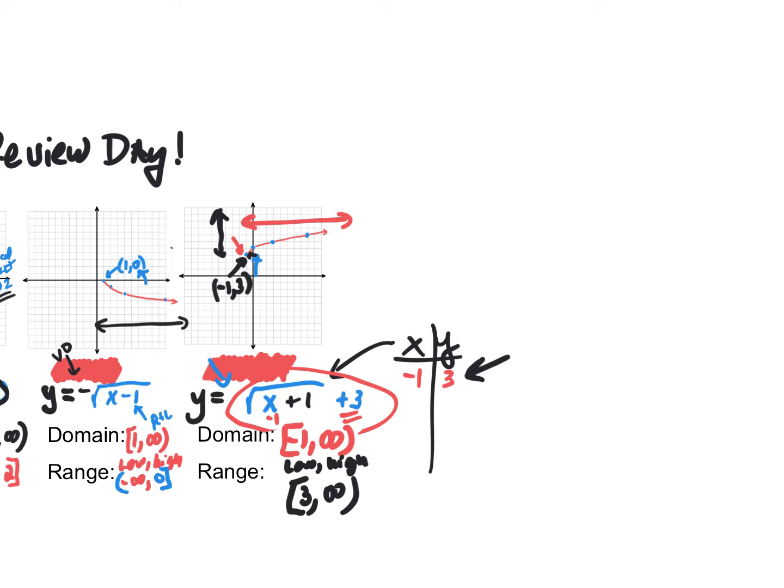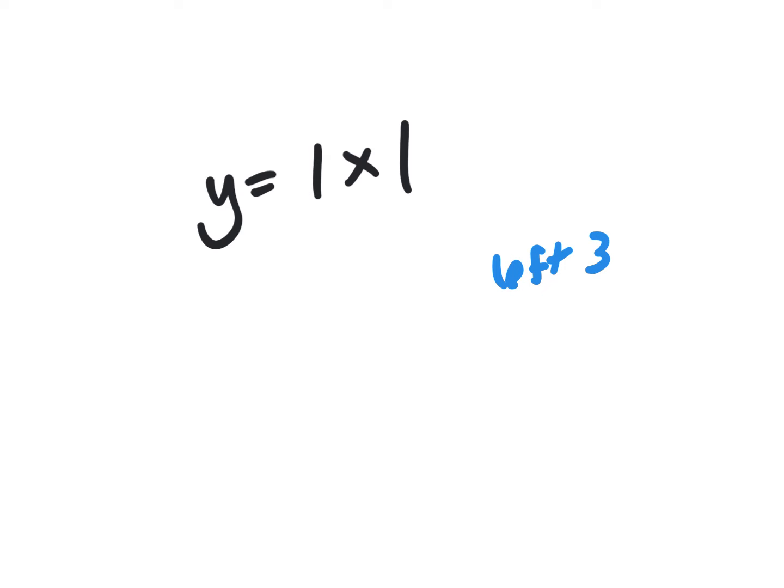There's plenty of easy stuff on the test too. Let's talk about some of the easier stuff on the test. What if I said, here's an absolute value equation. What if I just said, I want you to move that thing left 3, and I want you to do a horizontal reflect.